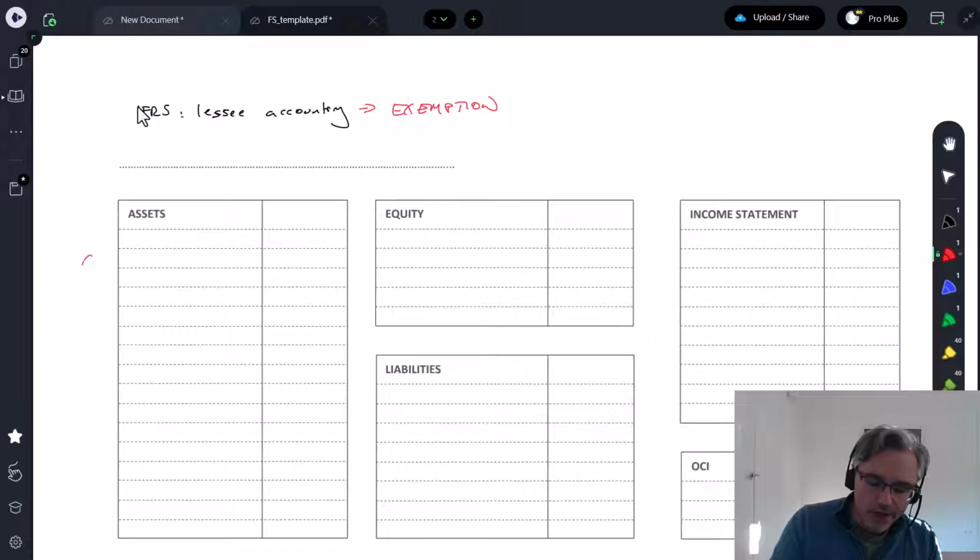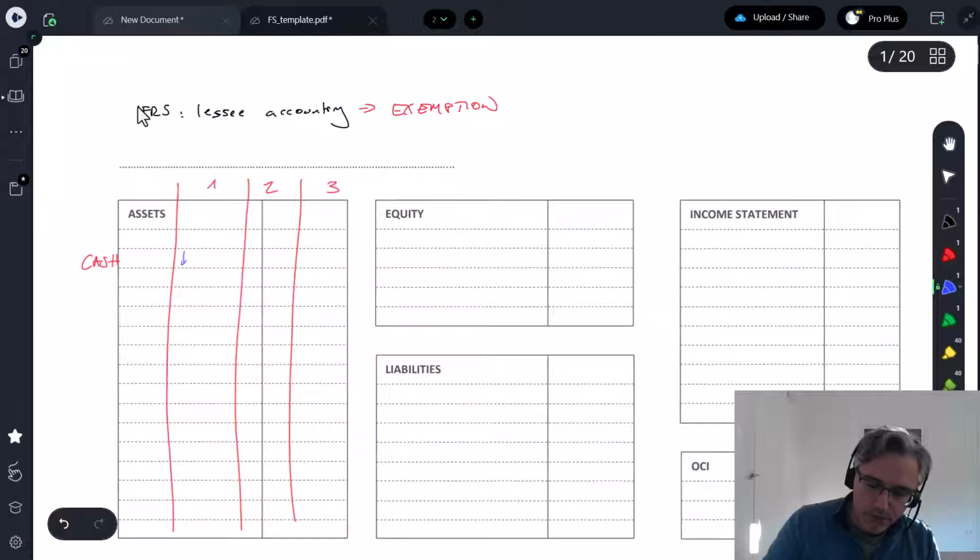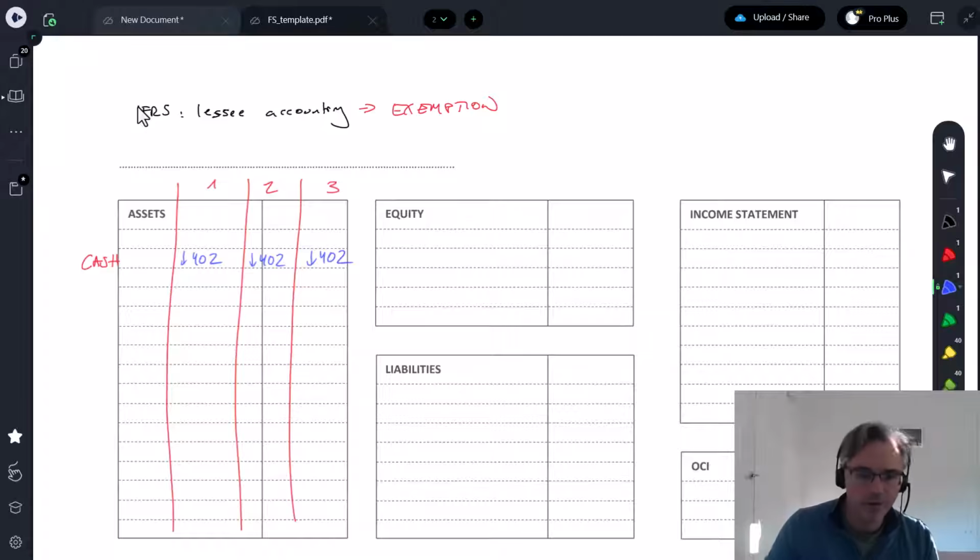Well, what would happen within your assets is cash would flow out basically every year, right? So let's draw little columns for year 1, year 2 over here, and year 3. And every year you would have an outflow of $402, $402, and another final 402 over here. I'm assuming linear cash flows.